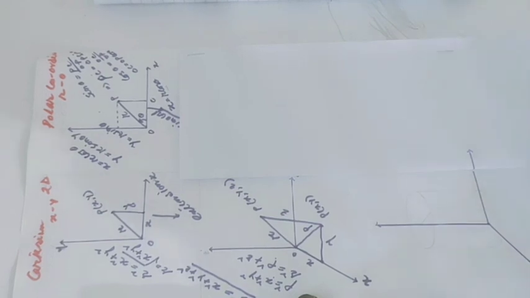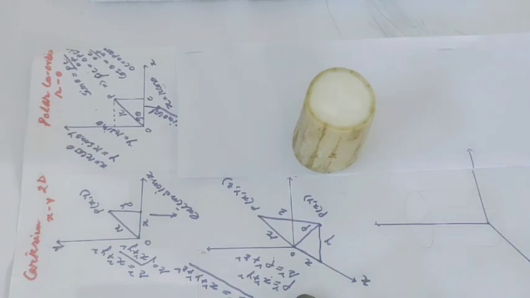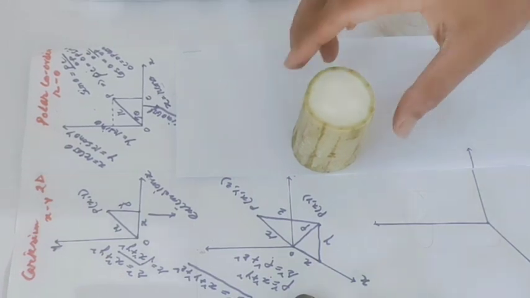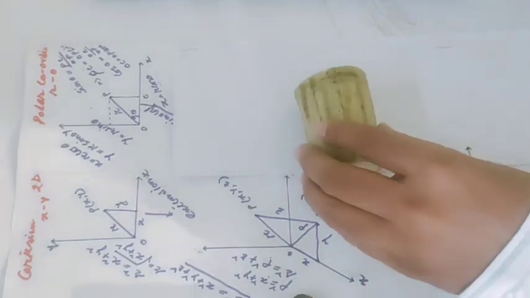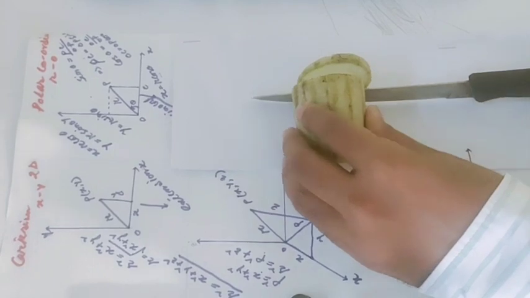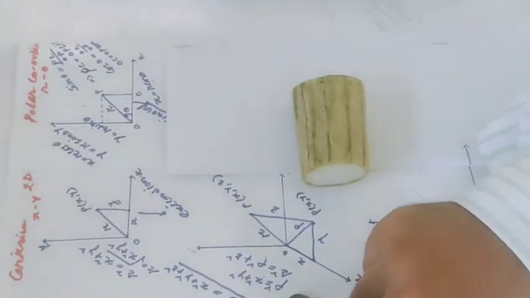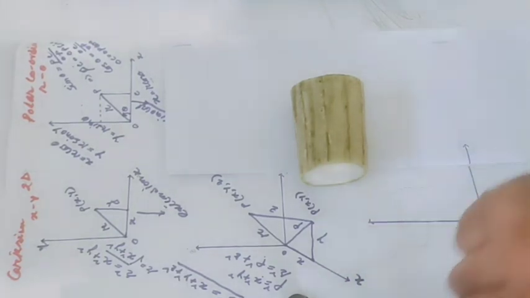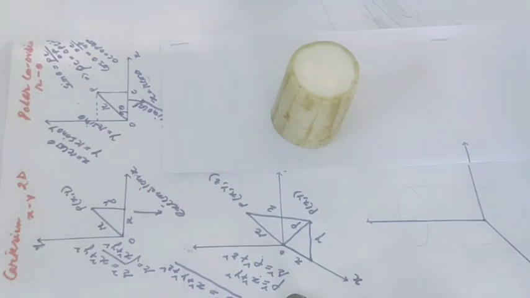Let us now consider the cylindrical polar coordinate system. I have considered this to be a solid cylinder. Now look at the variation, at what variation I can cut it. One variation is this, like the spherical polar coordinate, as I told you, these are my vertical slices. If I consider this vertical slice like this, then I will get the whole cylinder along the z-axis. This is my z-axis along this.